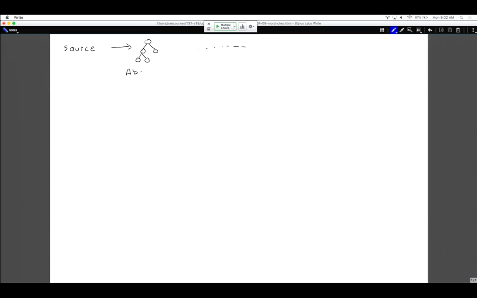And I gave it this vocabulary word that it was an abstract syntax tree. And this arrow, this function that takes source code and turns it into a tree, had a name. This function was called parse.